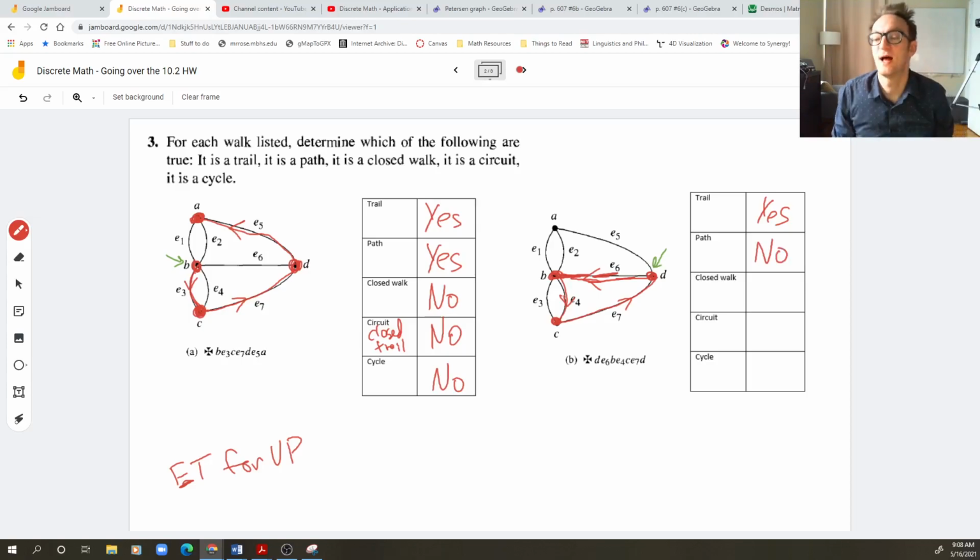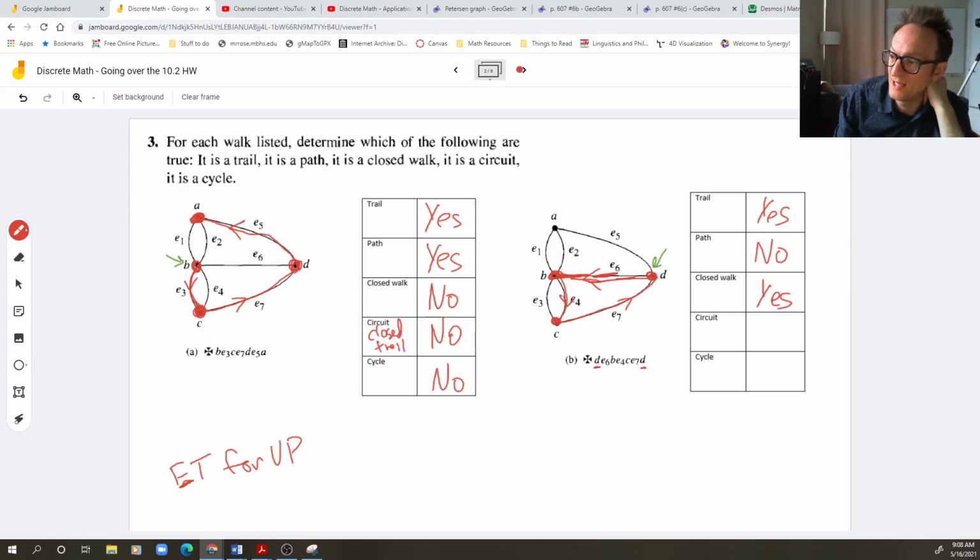Yeah, no. It's not a path, because a path is a walk with no repeated vertices, but this just straight up does have a repeated vertex. That is D. Is it a closed walk? Yes, because I start and end at D.